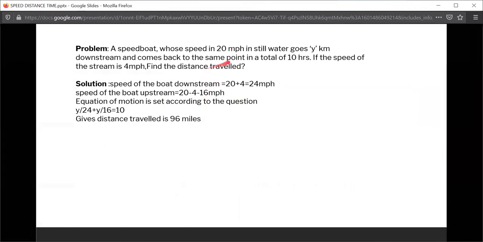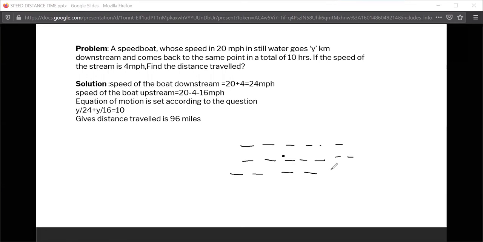A speedboat which travels at 20 mph in still water goes y kilometers downstream. Okay, suppose this is the initial point, and suppose this is my water body, river. Suppose it is moving in this direction.